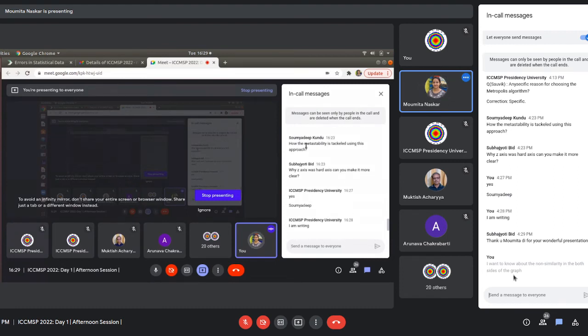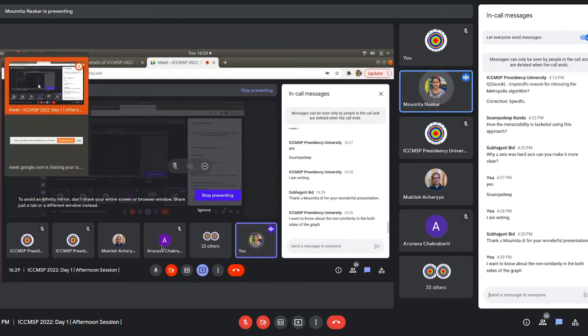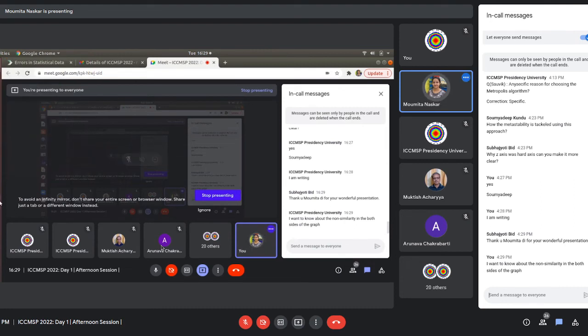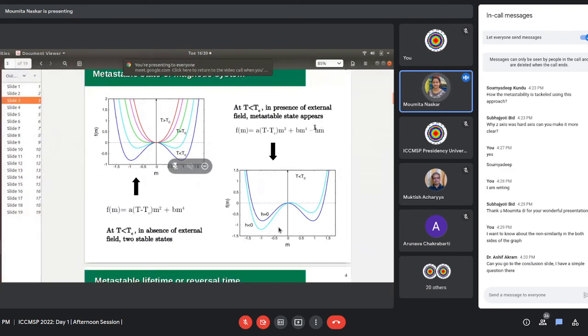Or how the Monte Carlo simulation or something. I want to know about the non-similarity in both sides of the graph. Yes, that appears due to the Zeeman energy term. When we apply some external magnetic field, after adding this term it immediately breaks the symmetry, right? And one of the stable states then has its energy raised and becomes metastable.